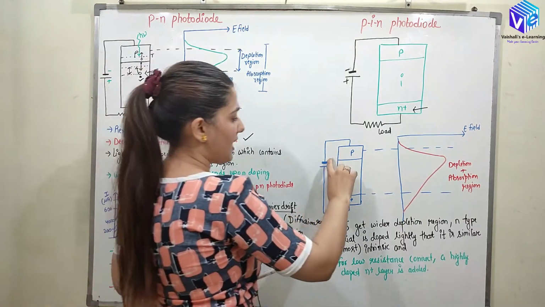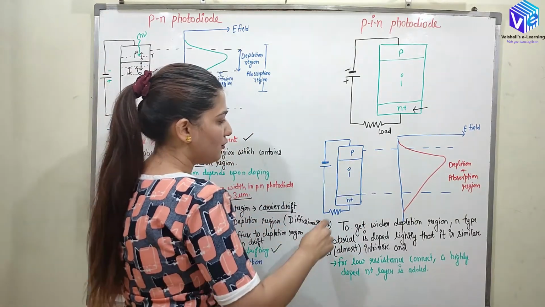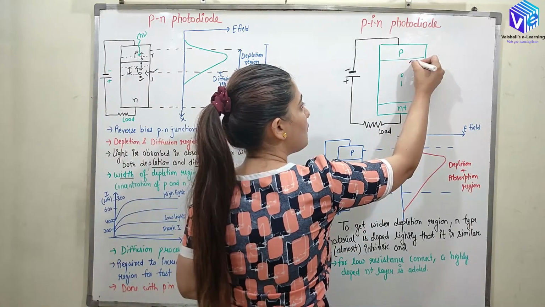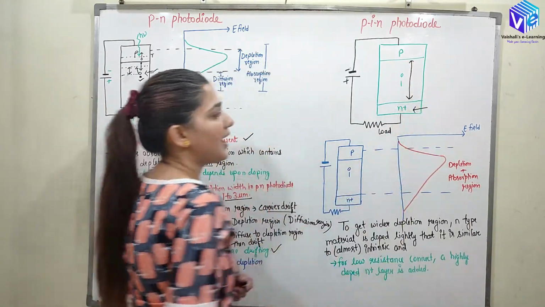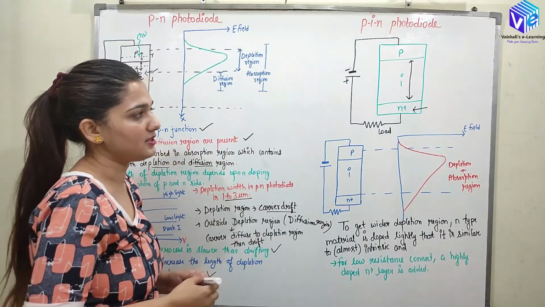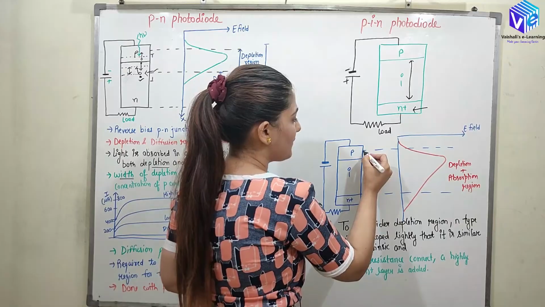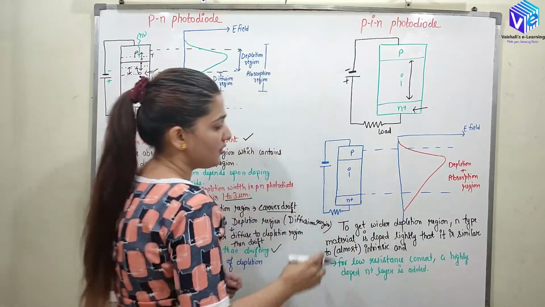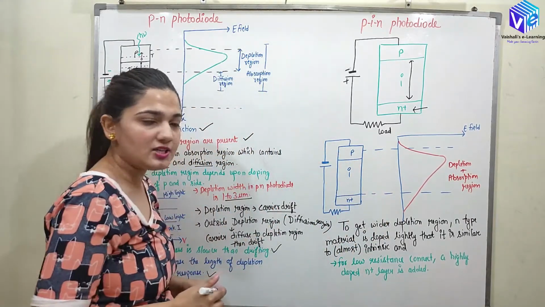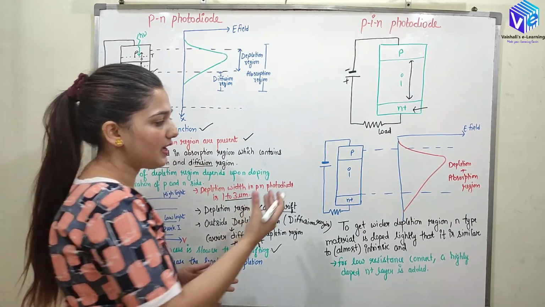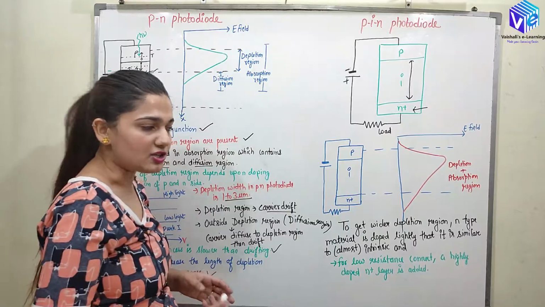Now the depletion region has covered all of the I region and has moved into the N plus region. You can see it has moved from the P region to the N plus region. It has covered all of the I region, and this is how we have increased the width of the depletion region with the help of the I region.